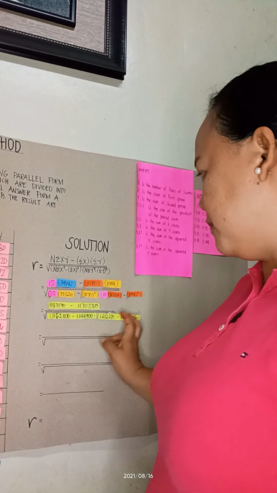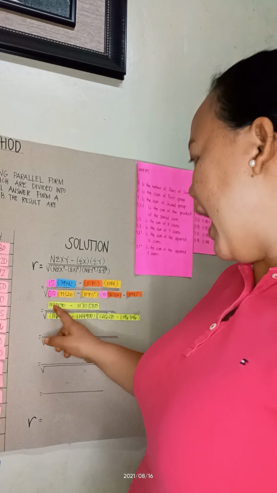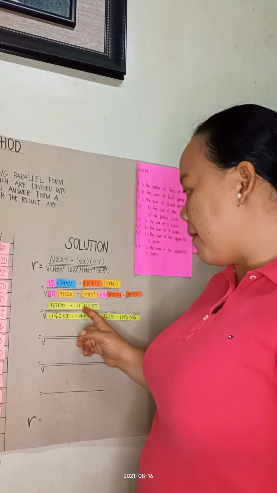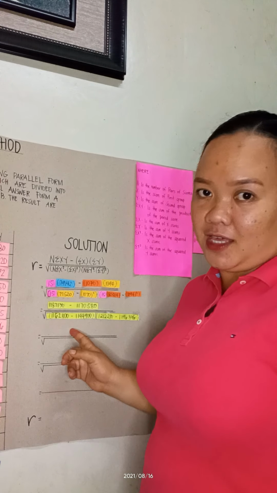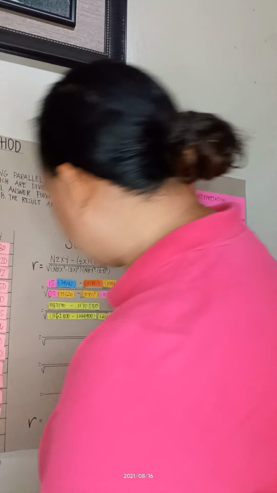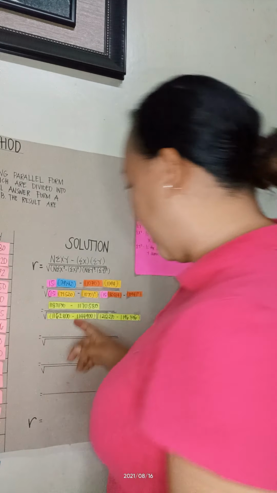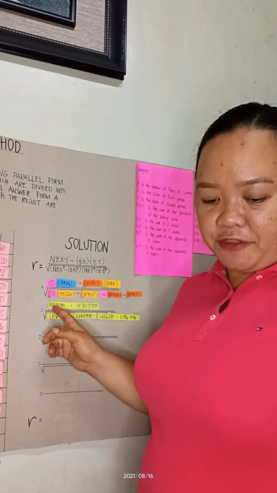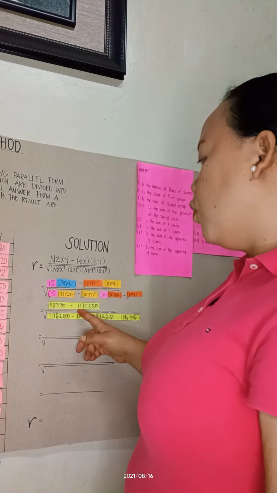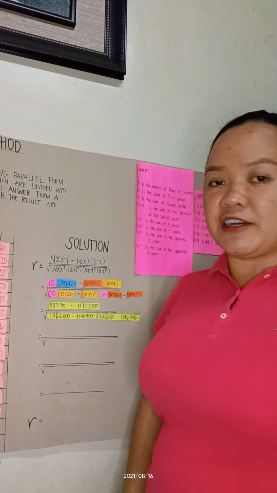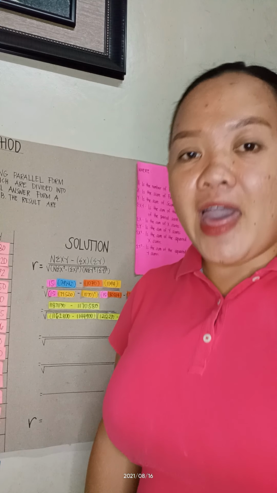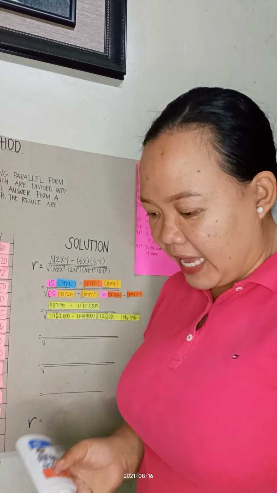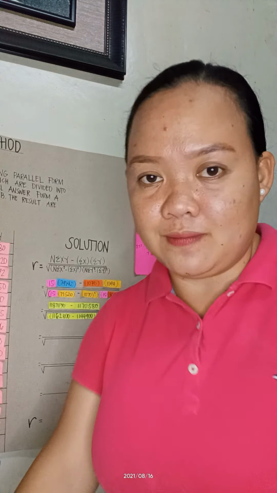After that, you have to subtract these numbers so that we will find the answer. So 1,187,130 minus 1,170,580, and the answer is 16,500.